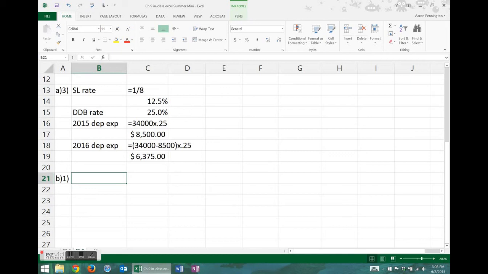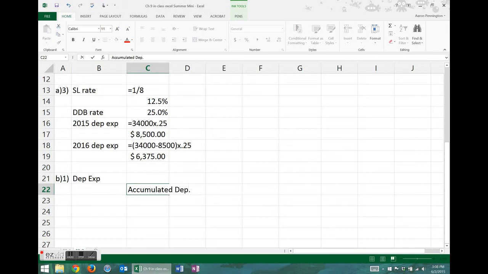All right, that's going to be depreciation expense and accumulated depreciation. All right, so that's for straight line.